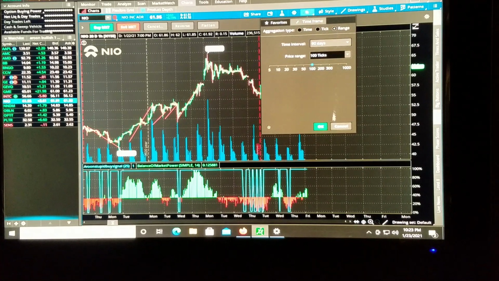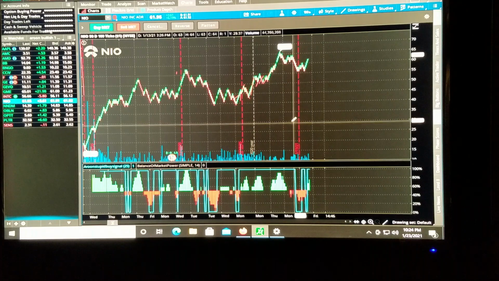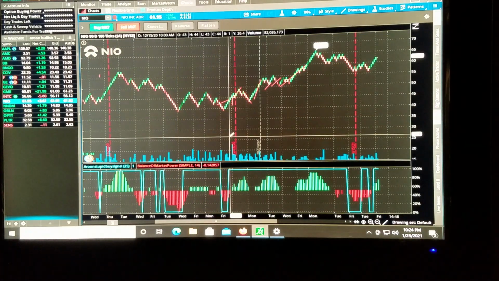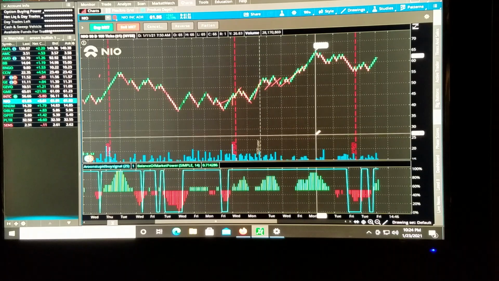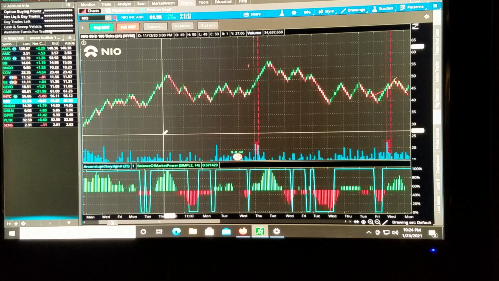With some Renko bars. Alright, so I like it. Now we can see when we're bullish and we're bearish, and it's based on a Renko bar system.